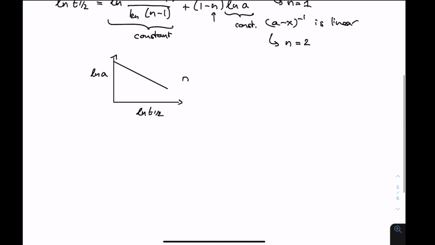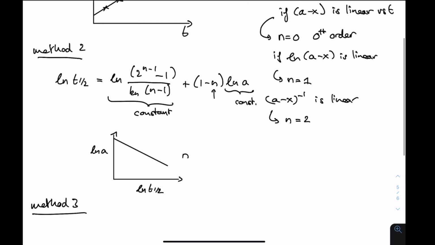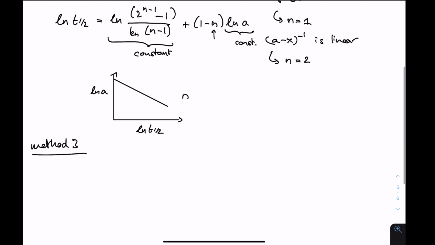Method 3 would be using the initial rates. So, okay, method 2 was using the half-lives. Method 3 uses the initial rates.